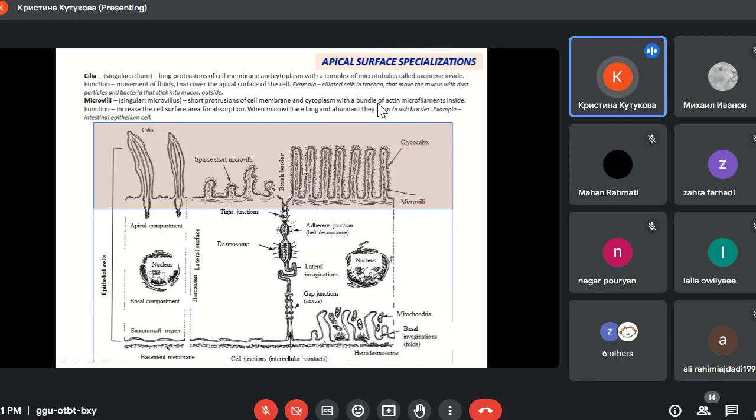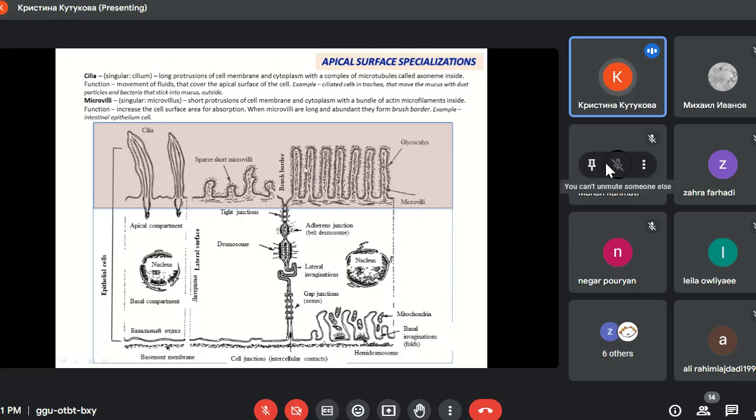Microvilli, these are shorter than cilia. They are also protrusions of cell membrane and cytoplasm, but with microfilaments inside them. In cilia, we have microtubules. In microvilli, we have microfilaments.